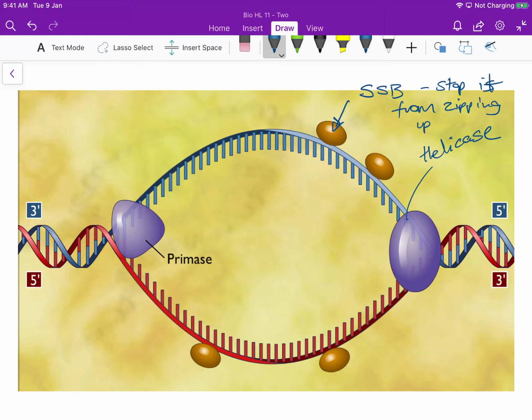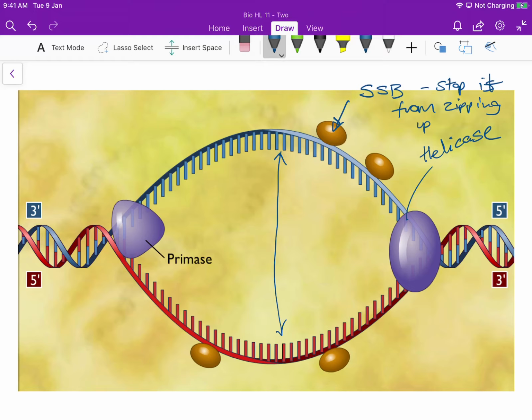They're stopping the DNA from becoming a double-stranded molecule, because all the bases along, through complementary base pairing and hydrogen bonding, want to go back together. So these proteins stop it from zipping back up. But that's a really high-level point.